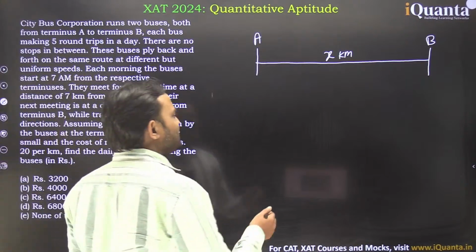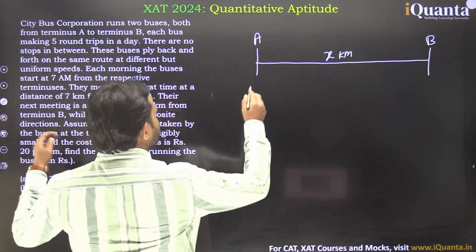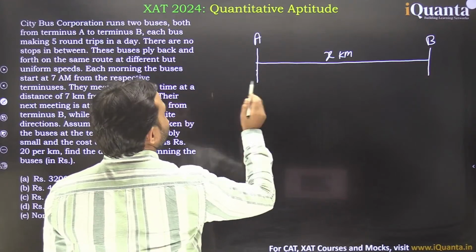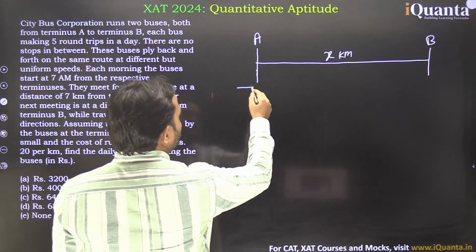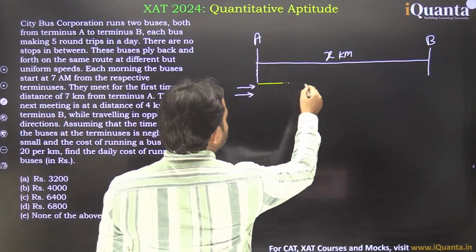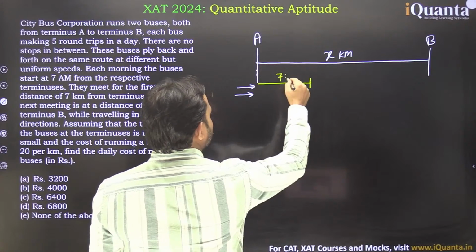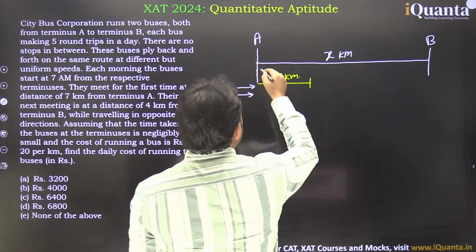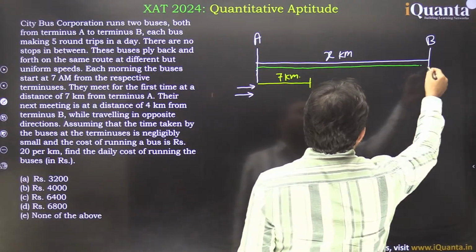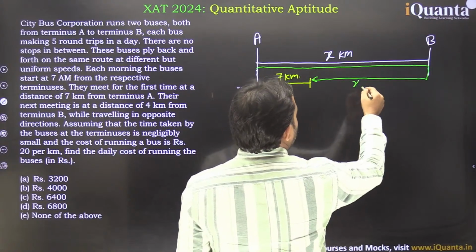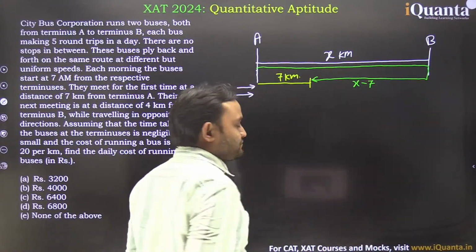So what will happen in that case? Both of them are going in the same direction. For the first meeting, one has traveled 7 km. Then the other must have traveled from here to here and then here to here, so this will be X minus 7.